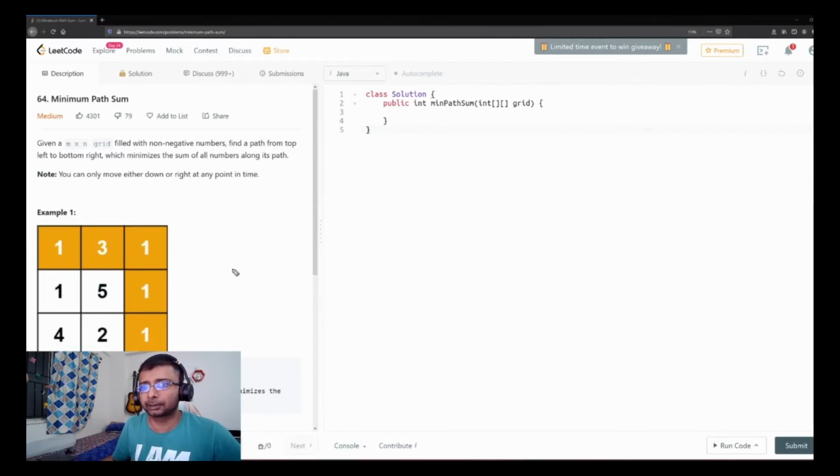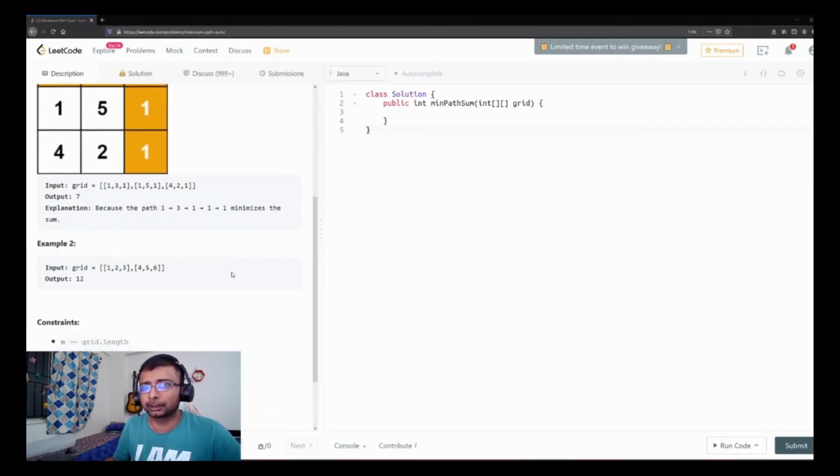So let's look at example number 2, and here if I create it over here, it would be something like 1 2 3 and 4 5 6. So we need to reach the end. So one way we can go is like this.